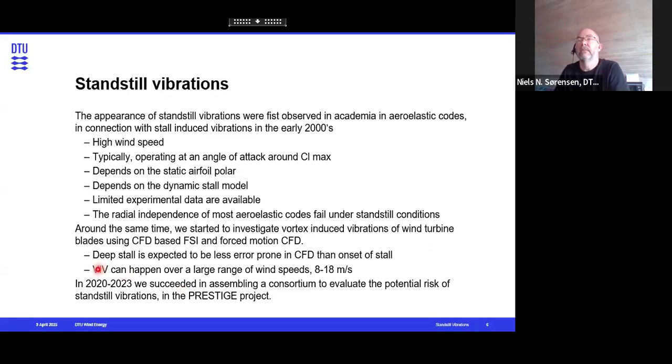The other interesting thing is that the vortex-induced vibrations, in contrast to the stall-induced vibrations, can potentially happen down to very low wind speeds. And at that time, we were lucky to have the possibility of assembling this nice consortium around the standstill problem, and had the PRESTIGE project to run these activities.